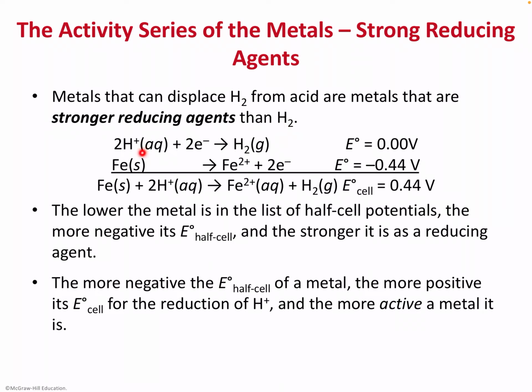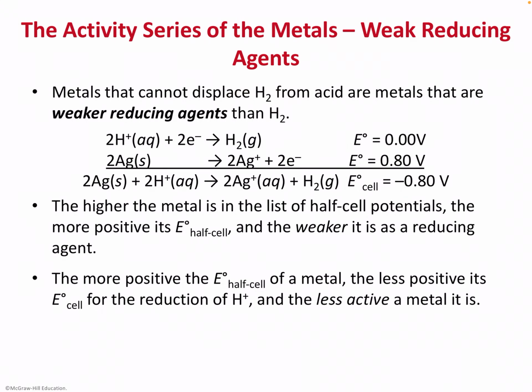So here you have acid taking up 2 electrons, becoming hydrogen gas, and then the iron becomes iron 2 plus and 2 electrons. So in this case, E naught cell is going to be cathode minus anode. This is going to be the cathode, 0 minus negative 0.44, positive 0.44 volts.